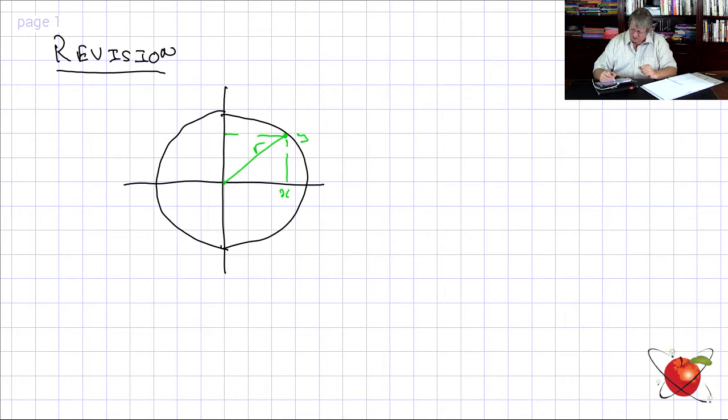Little r is equal to the square root of x squared plus y squared. Basically, that's Pythagoras because it's 90 degrees. x squared plus y squared equals r squared. Okay, straightforward, and the angle theta is in there, correct?